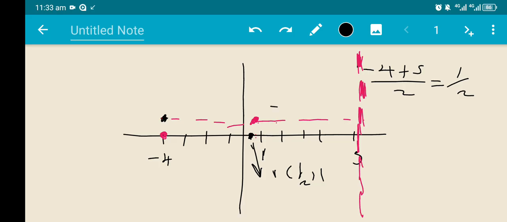The directrix is 4 plus half to the positive. The focus is 4 plus half to the negative. But their locations are: this is negative 4 comma 1, and this is positive 5 comma 1, because we move 5 units to the right and 1 unit up, meaning here.